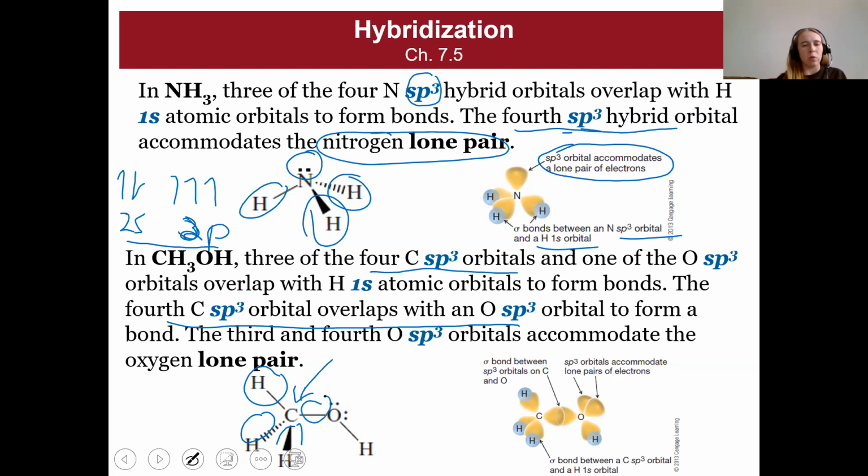So those are our four hybrid orbitals for carbon, and oxygen also has sp3 orbitals.